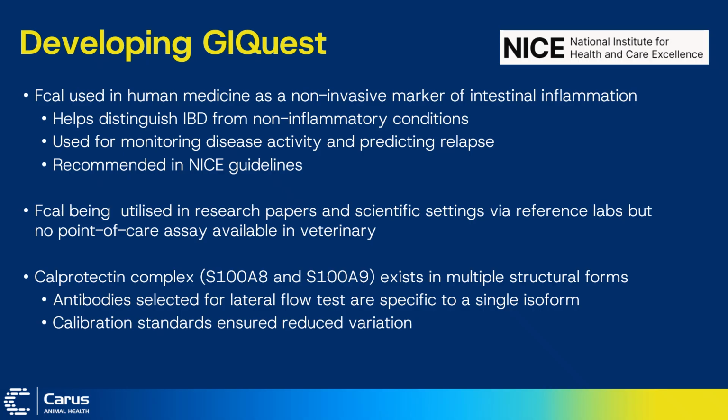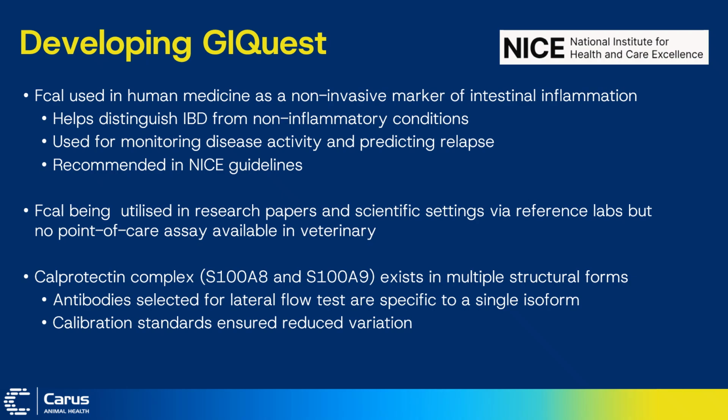In veterinary, faecal calprotectin was being used in research settings, and there were reference labs which were being used for this research, but there was no point-of-care assay for use in general practice.